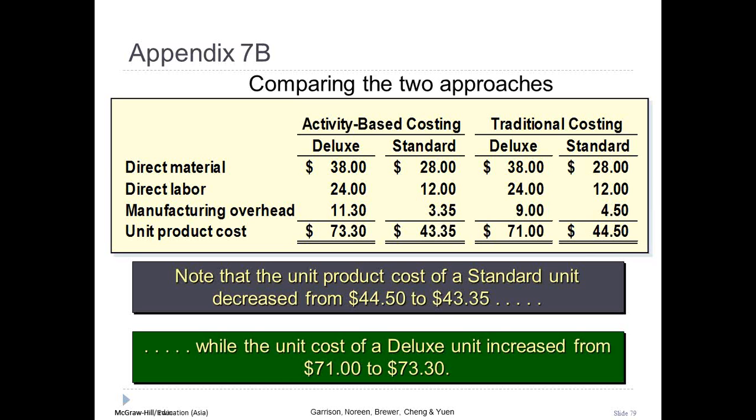One, the ABC system contains two non-volume related cost pools: setting up machines, which is a batch level activity, and parts administration, which is a product level activity. And two, the ABC system accurately assigned these costs to products in a way that shifted costs from the high volume product, Standard, to the low volume product, which is the Deluxe.